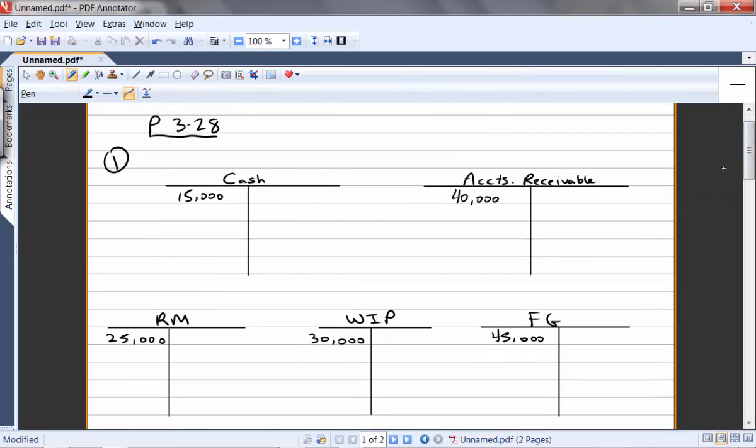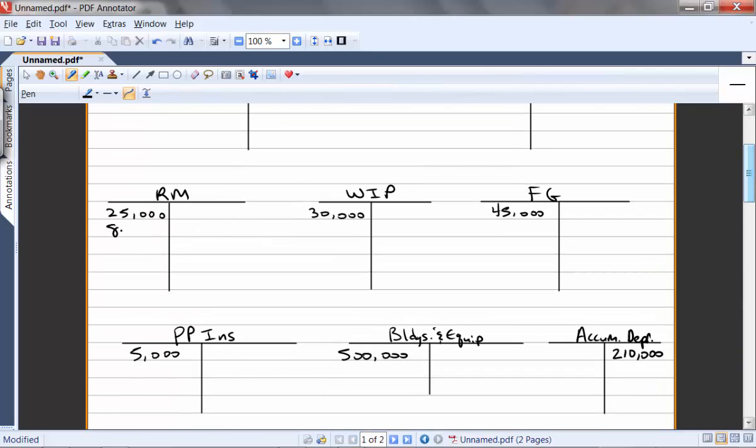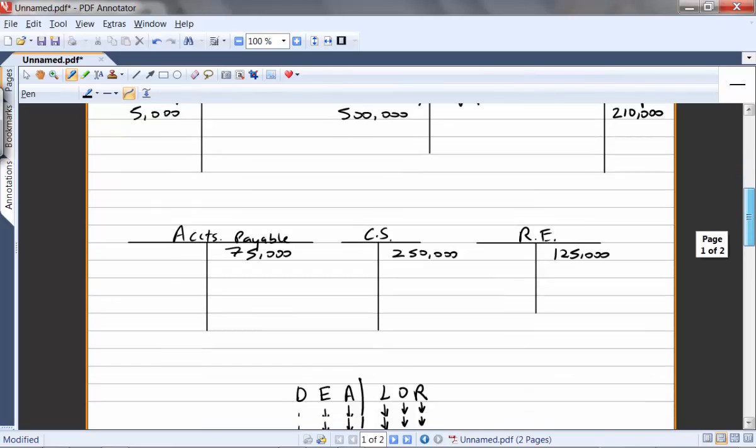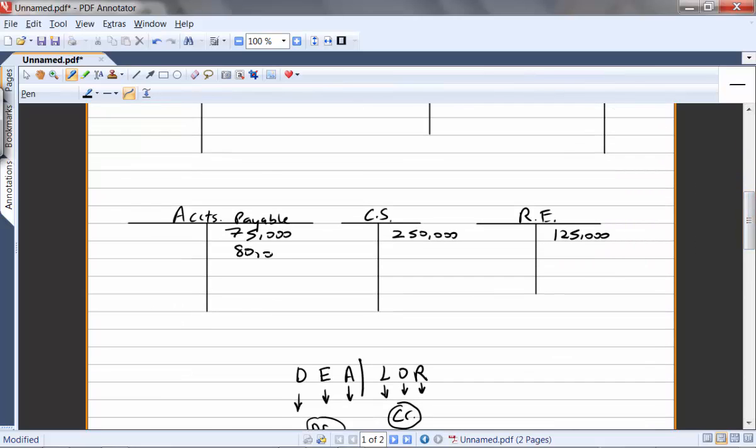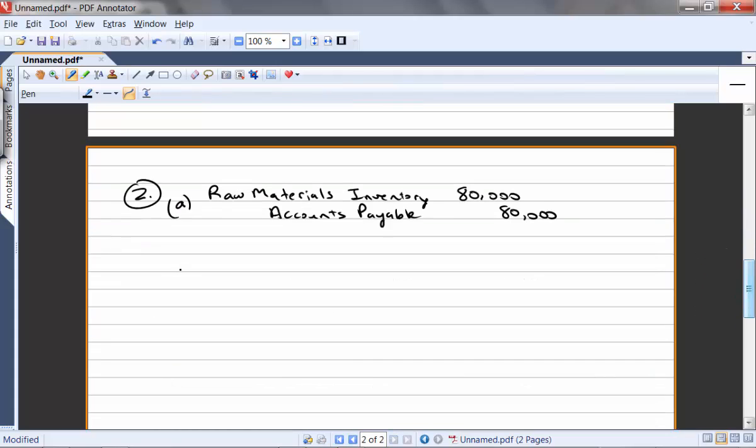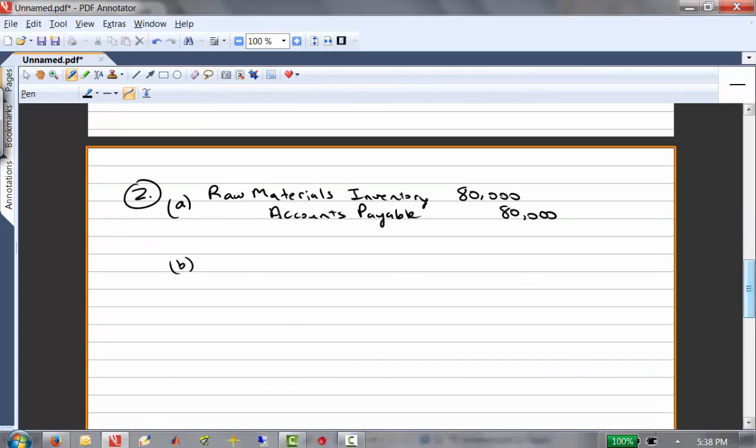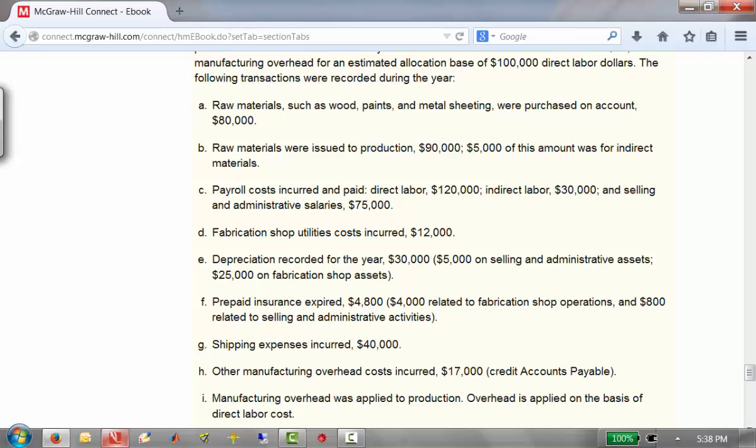We debited raw materials for 80, part A, and we credited accounts payable for 80. And then part B. So this gets the raw materials into their storeroom, so to speak.